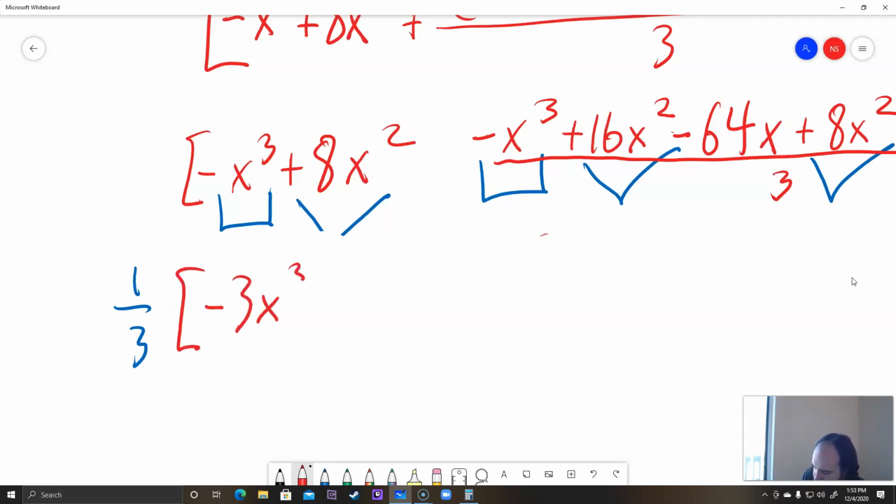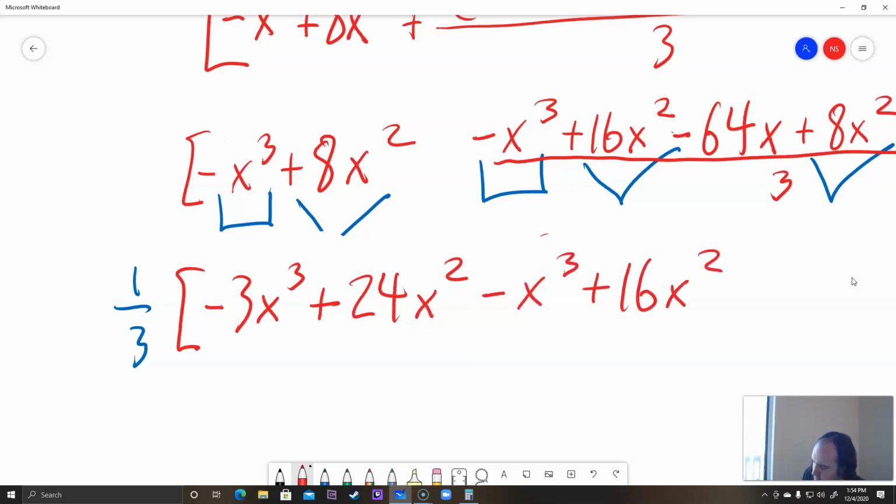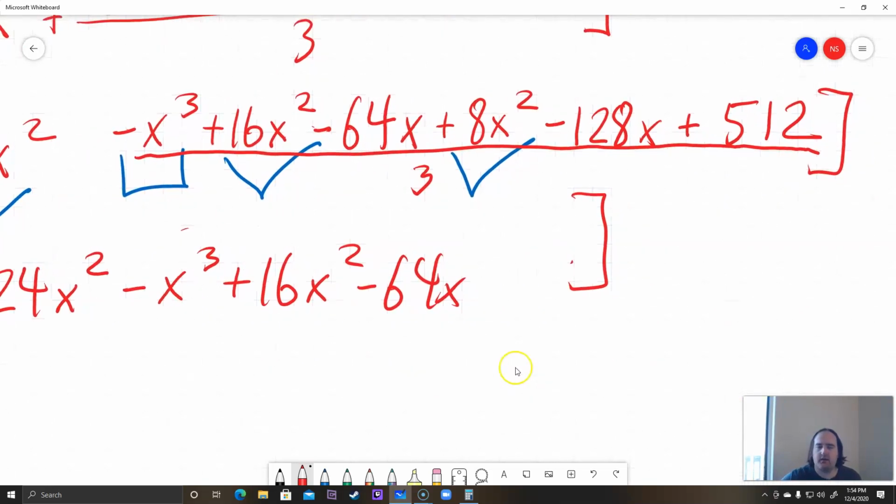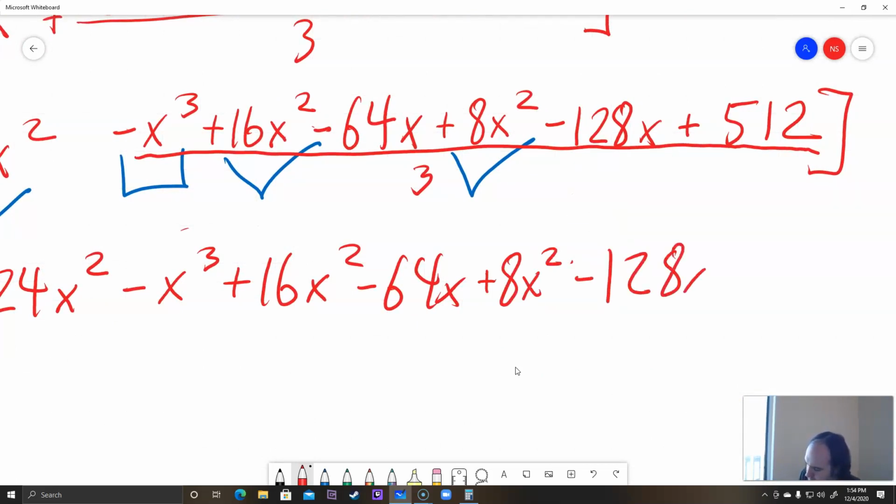Okay, so that's going to give us negative 3x cubed plus 3 times 8 is 24x squared. And then we have minus x cubed plus 16x squared minus 64x plus 8x squared minus 128x plus 512.